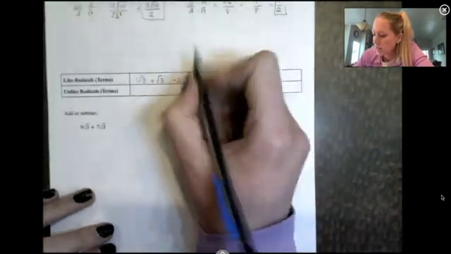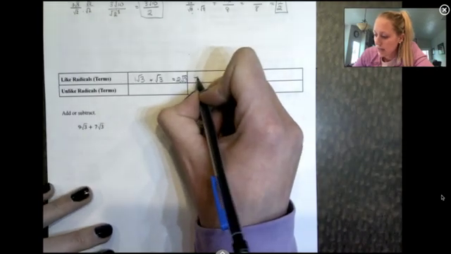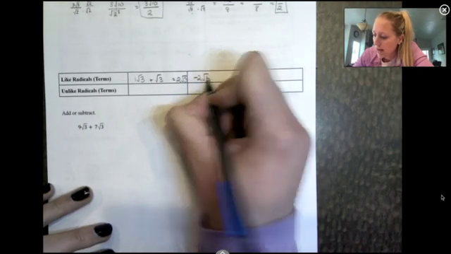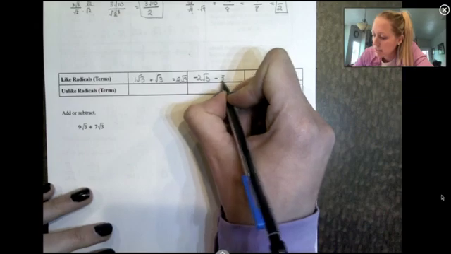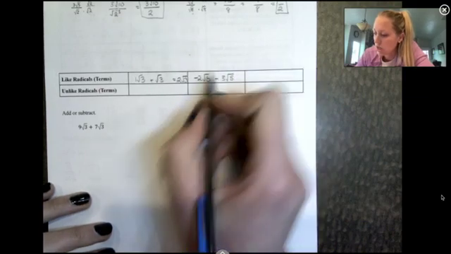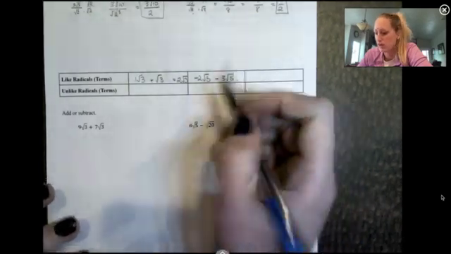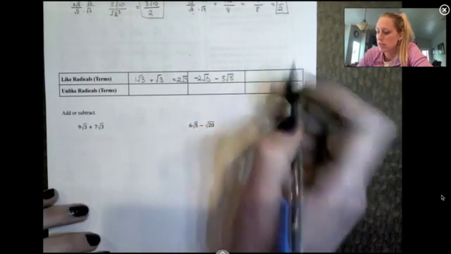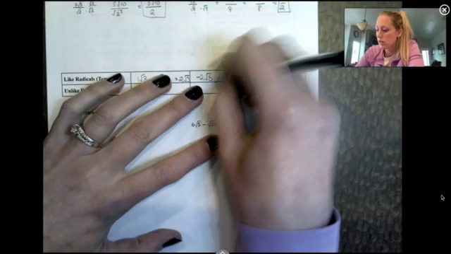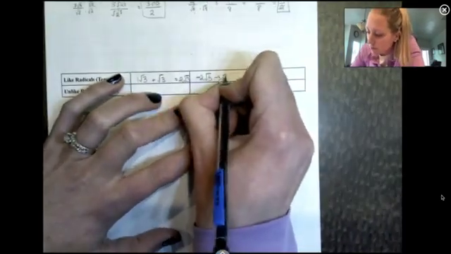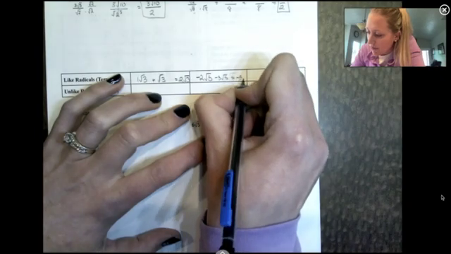We can subtract if they're alike. So if I have something like negative 2 times the square root of 5 minus 3 times the square root of 5. So as long as what's underneath the radicals match, we can do the operation with the coefficients in front. So negative 2 minus 3 is negative 5. Again, I did not give myself enough room here. So I get negative 5 root 5.